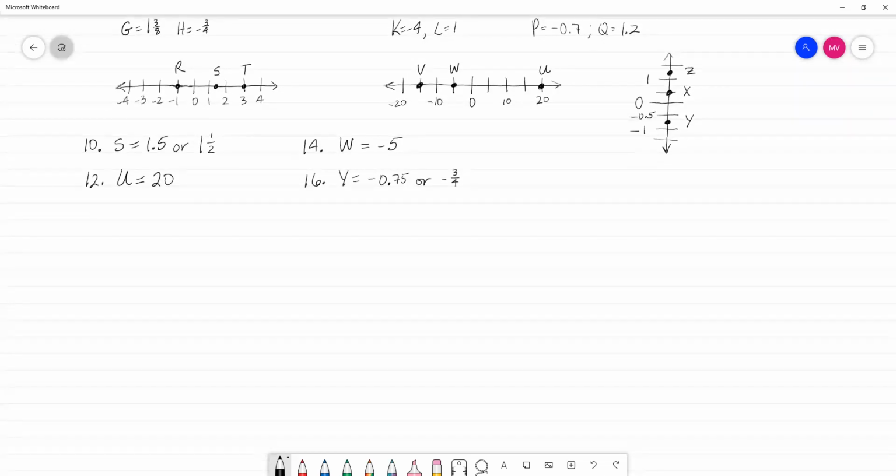18 and 20 are asking us to state the opposite. So here we're talking about opposite numbers. So 18 gives us the number 17, whose opposite is -17.